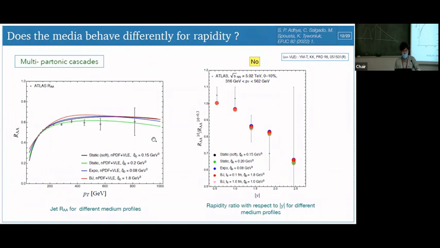I would have expected the largest effect to be the steepness of the spectrum as you go to higher rapidity. Did you have different spectra for different rapidities? Okay, I see. Thank you. I guess if you tune it to this one data set here, the rest are predictions somehow.